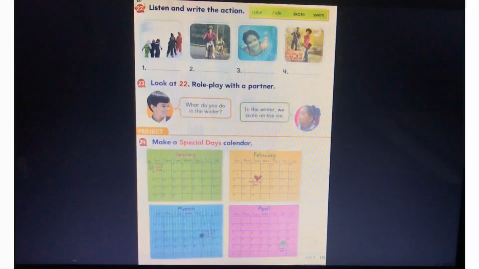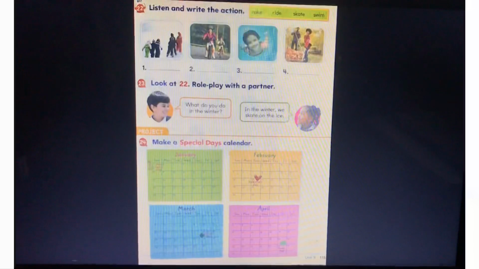Very good, everyone. So now that we have all the activities, let's pay close attention to the seasons. As you can see, in number 1, we have winter because it's snowing and it's very cold.